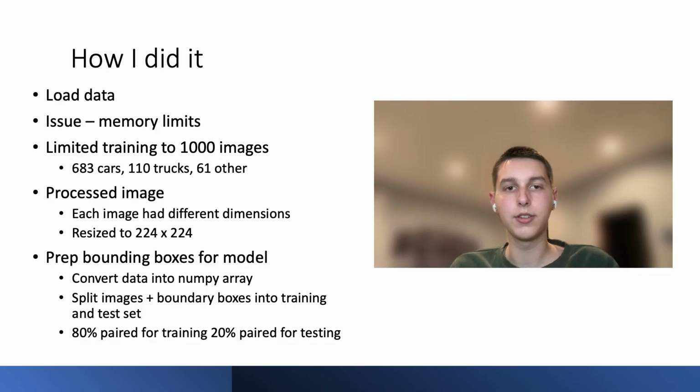I then resized the images to 224 by 224 pixels so that they could be inputted by the model. After that, I split the images and the bounding boxes into training and test sets, with 80% going into training and 20% into testing.